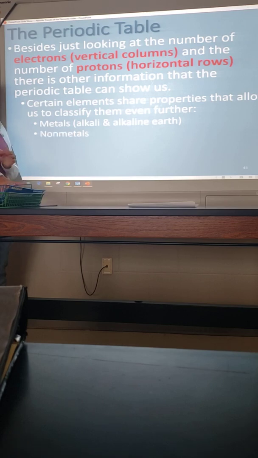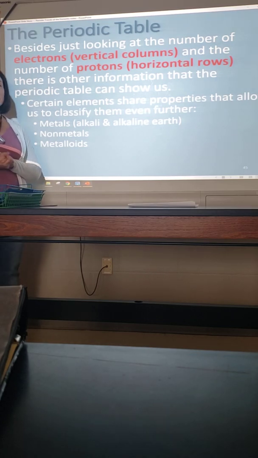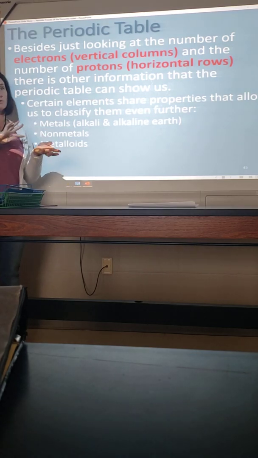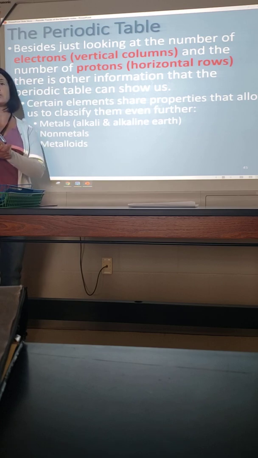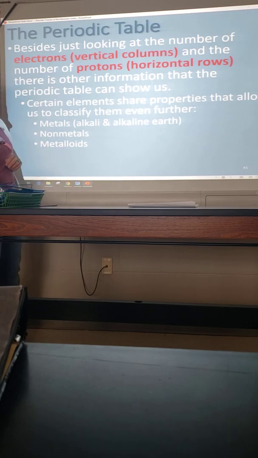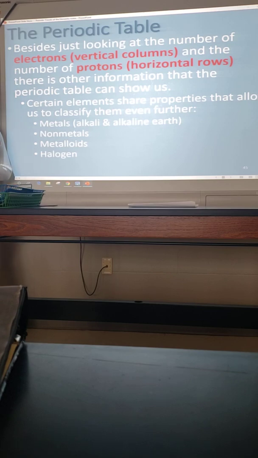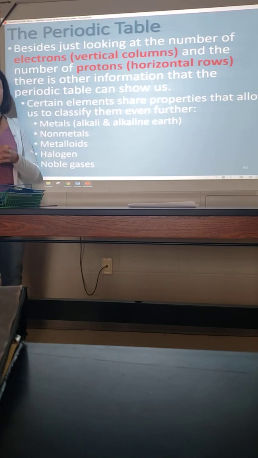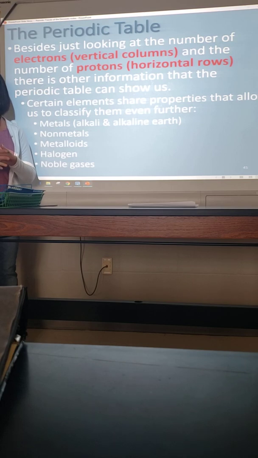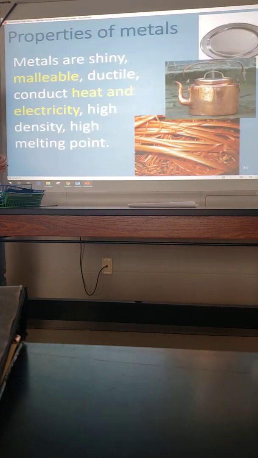The nonmetals, and something called metalloids. Metalloids have a combination of properties similar to metals, but they also have some properties similar to nonmetals. So they're kind of unique. Then we have these halogens and noble gases, right? All of these should look familiar for your vocab terms, and hopefully after we go through them today, it'll make more sense and put all this together.